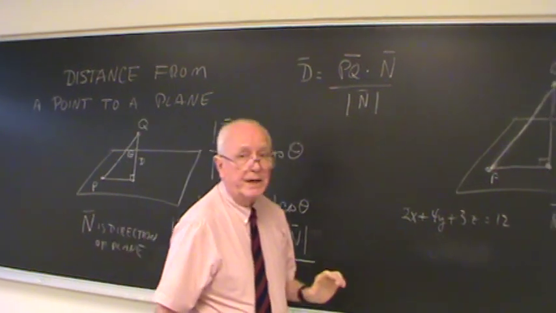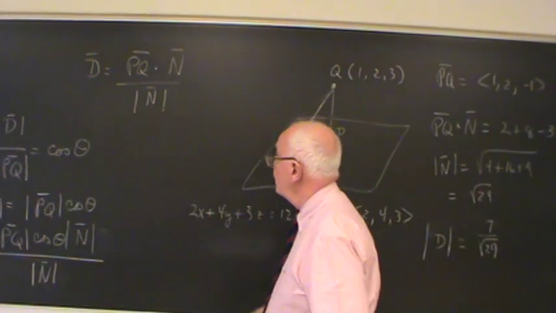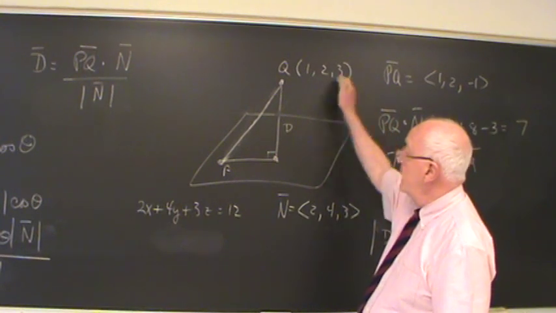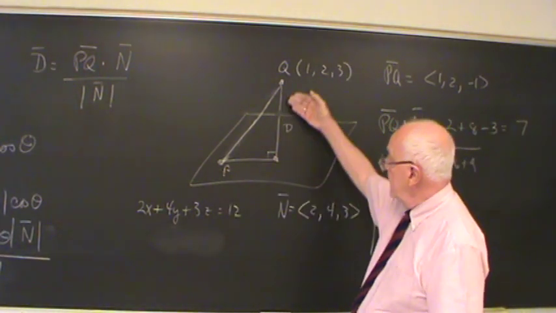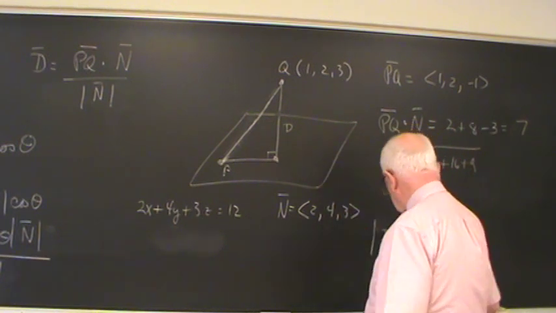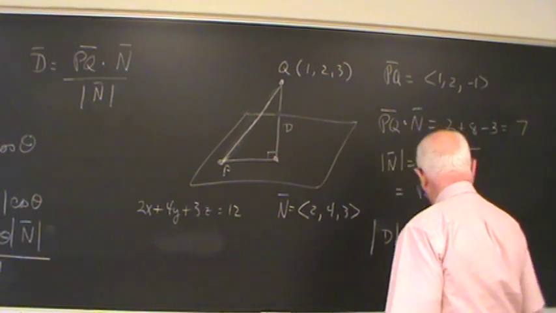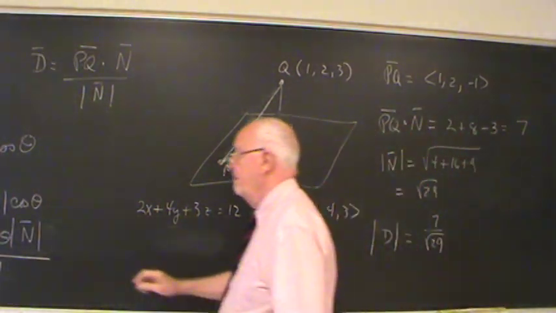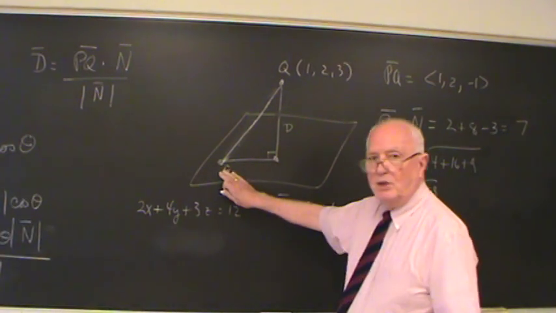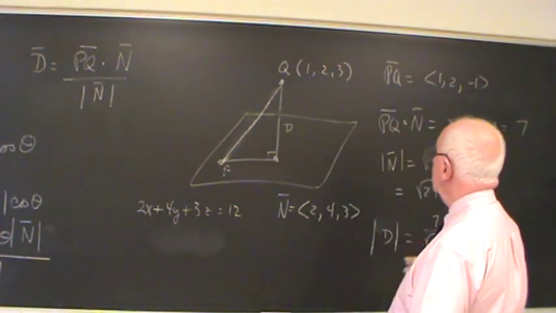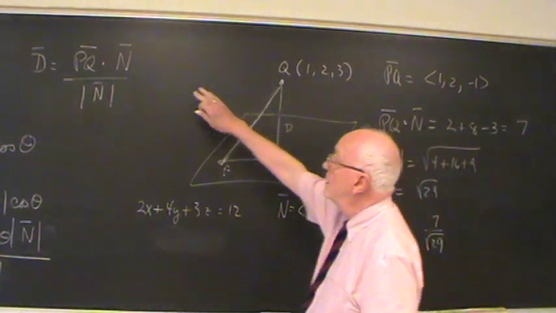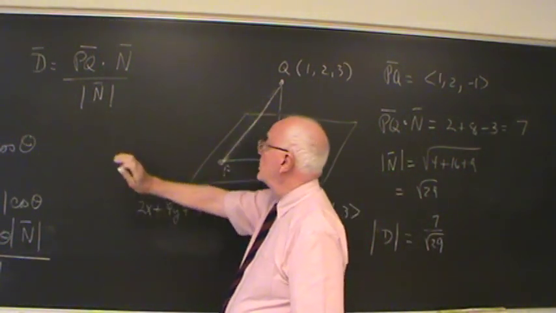As an example now, let's take a point Q, (1, 2, 3), and a point P in the plane, and look for the distance between the point and the plane. So what I need is a point on the plane. What I'm going to do is say that d is PQ dot n over the magnitude of n.